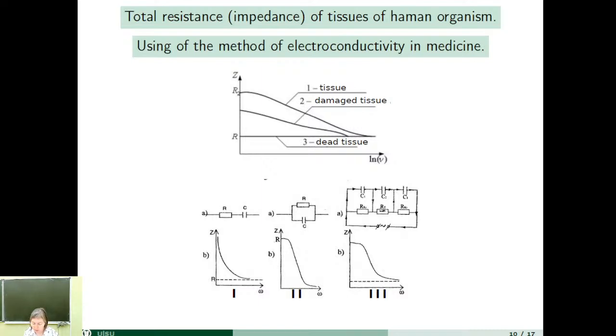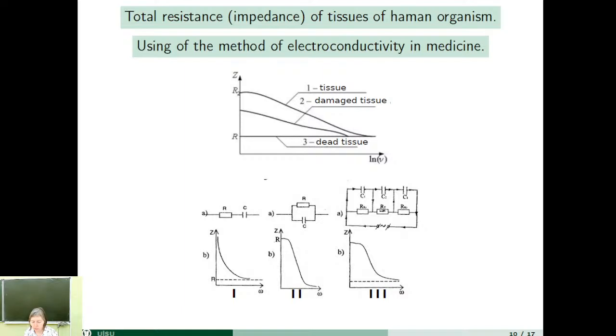In tissues, there are microscopic formations consisting of various connecting mediums and partitions on both sides of which there are tissues well conducting electric current.